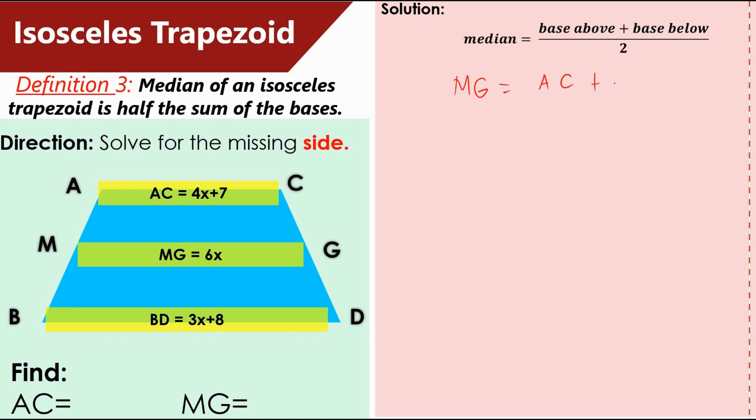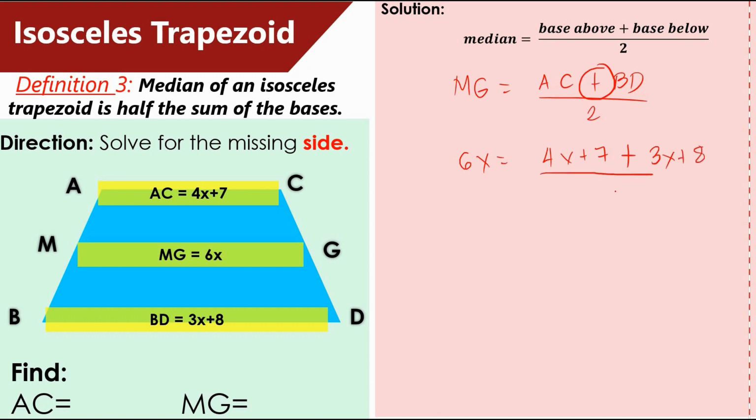Base below, we have BD, all over 2. Let us now substitute the given. For MG, we have 6x. For AC, we have 4x plus 7. And then, use this operation. This is constant addition. And then for BD, we have 3x plus 8.